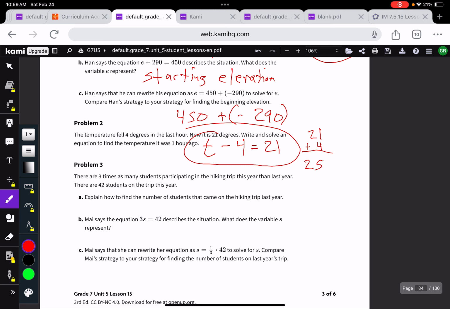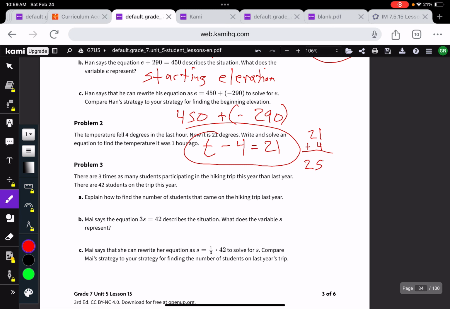So 42 is 3 times bigger than it was last year. 42 is way bigger than it was last year. So last year's was much smaller. So how could I make 42 smaller? Well, 3 times doesn't mean it's 3 more. If it was 3 more, that would mean I would just subtract 3. I would take 42 and take away 3.